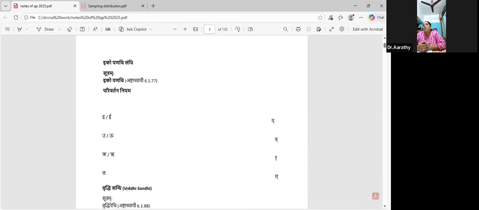Okay, so in such cases, when i is the ending part of purva padam and the parapadam starts with a swara, the sandhi happens by replacing this with ya. The same way, if the purva pada ends with u or u and the parapada starts with swara, the sandhi happens by replacing it with va. When it is r, then it is replaced with ra.